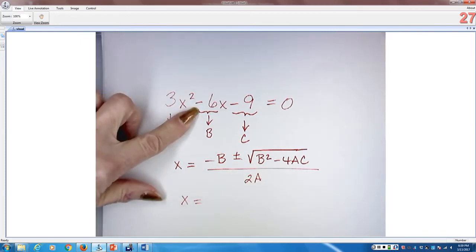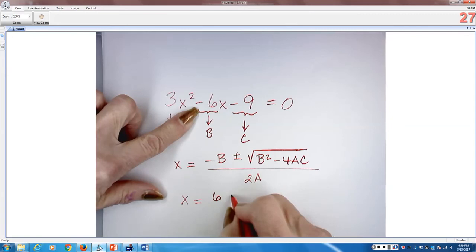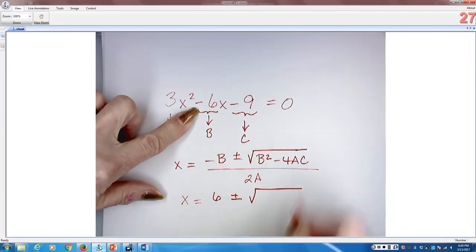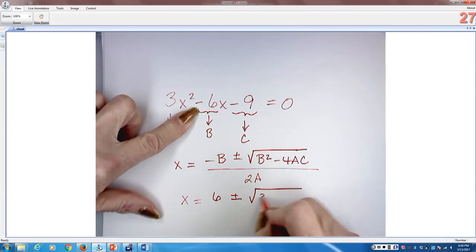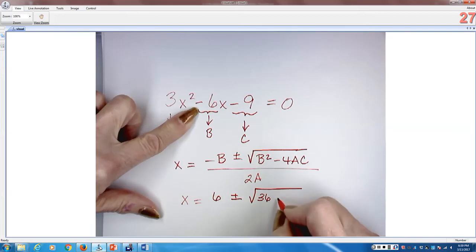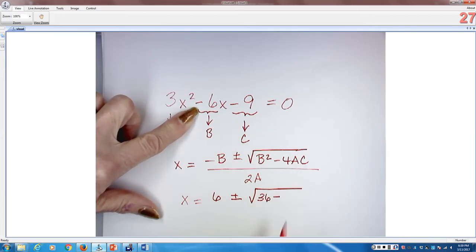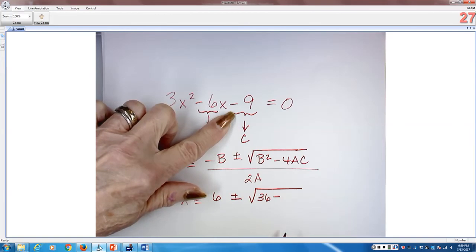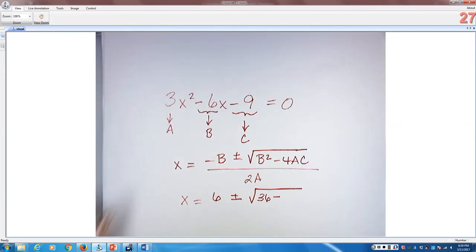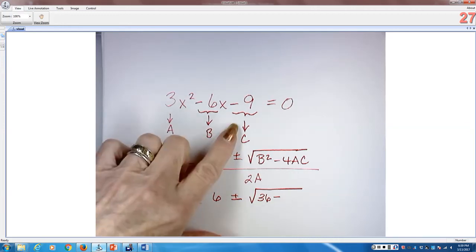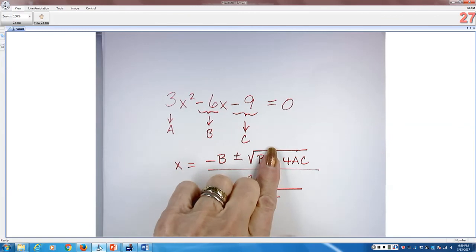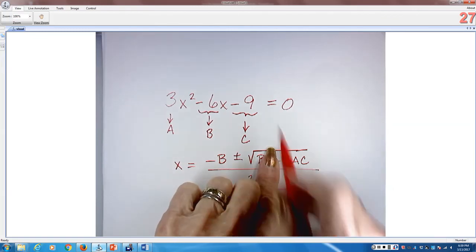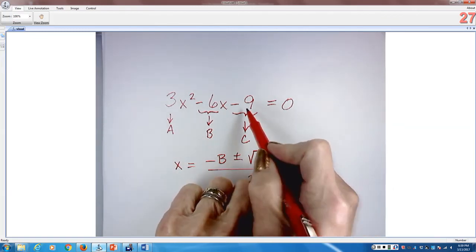The opposite of negative 6 is 6. Negative 6 squared is 36. 4 times negative 9 is negative 36.